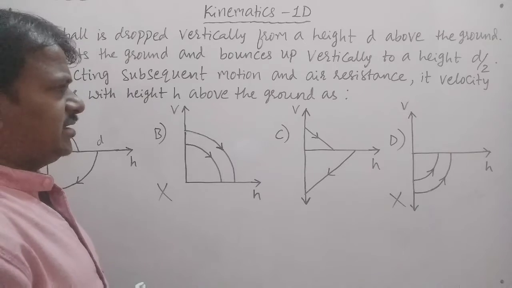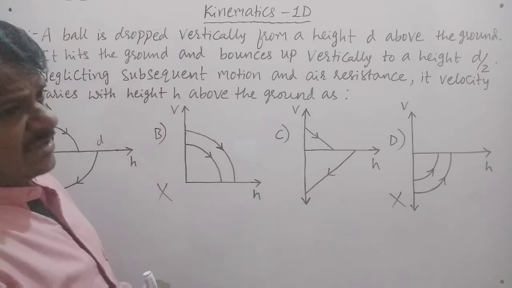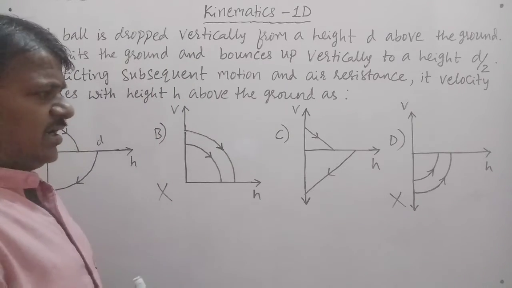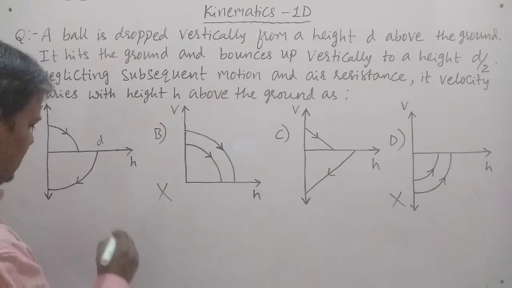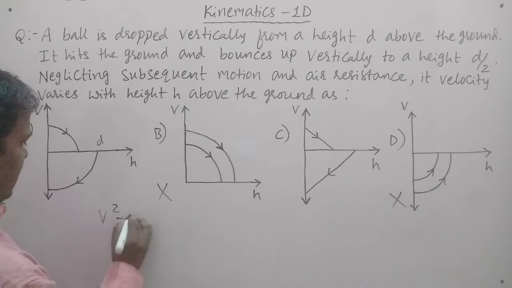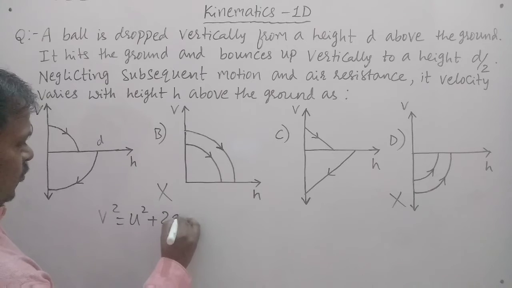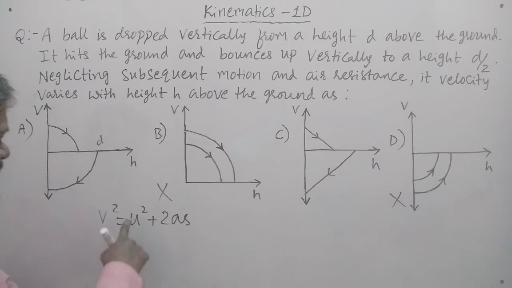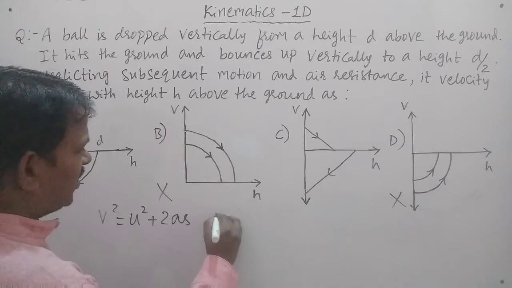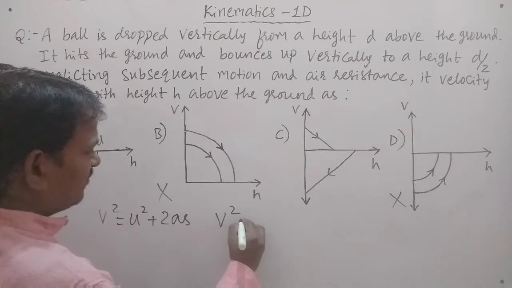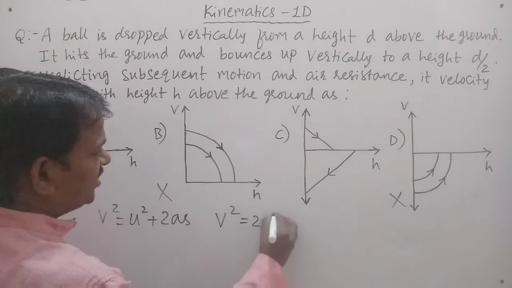Look at the relation between v and h: v squared is equal to u squared plus 2as. From u equals 0, v squared is equal to 2gh.